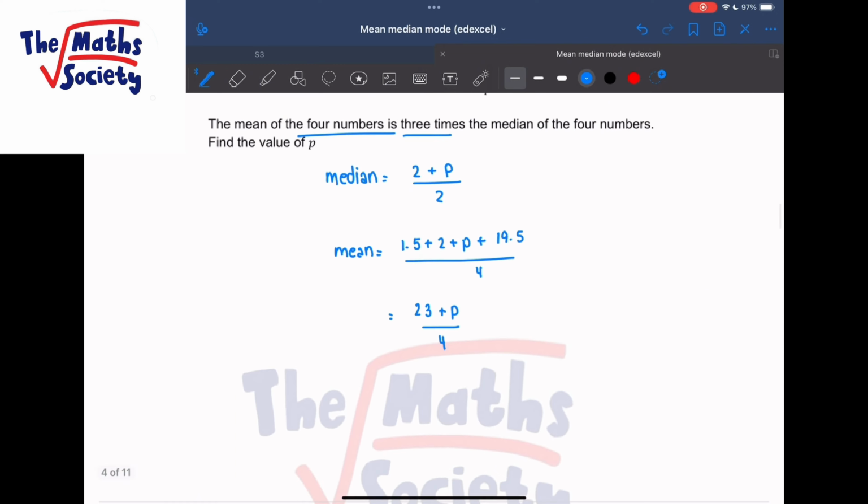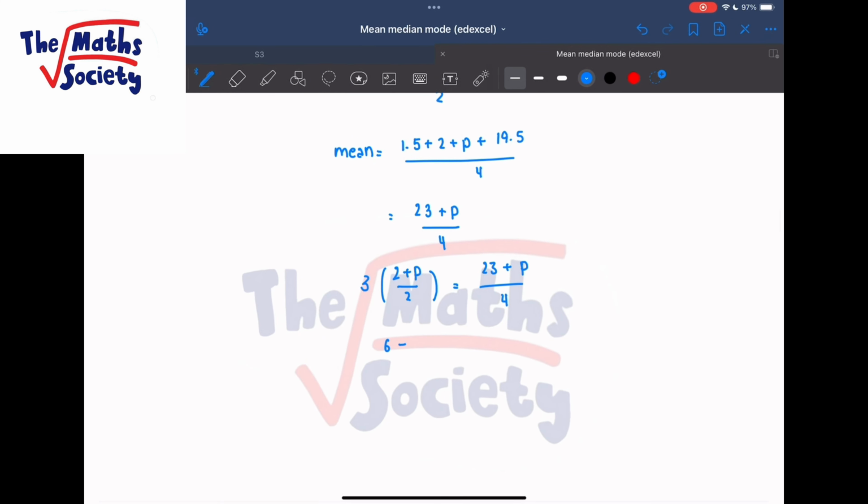And then we know that it's 3 times the median, so 3 times 2 plus P by 2 equals 23 plus P by 4, which gives 6 plus 3P by 2 equals 23 plus P by 4.